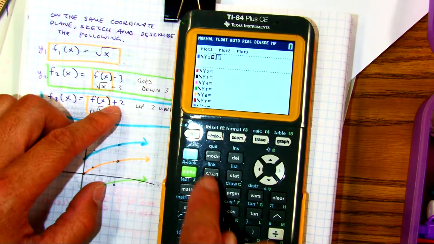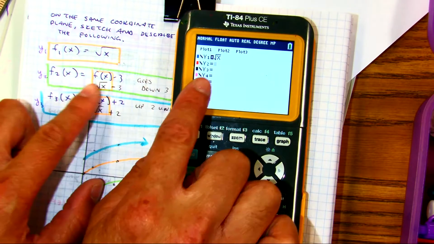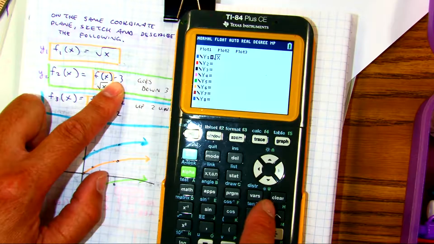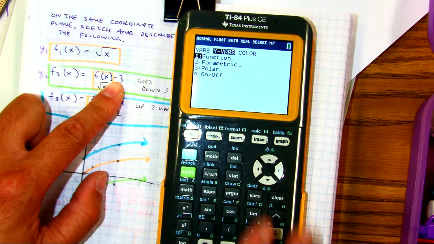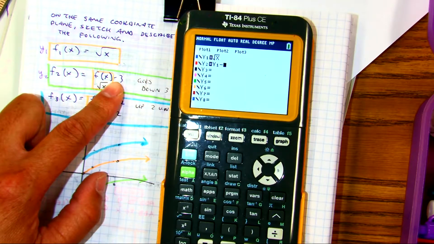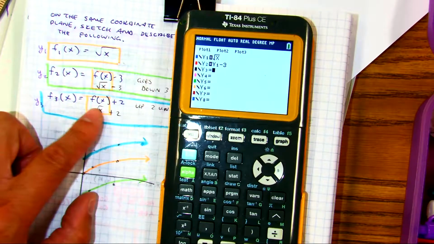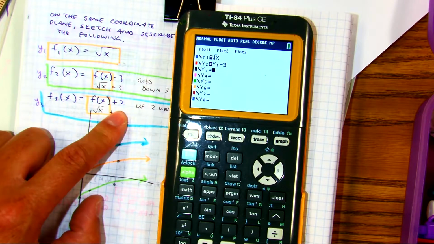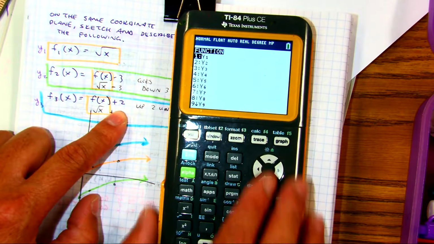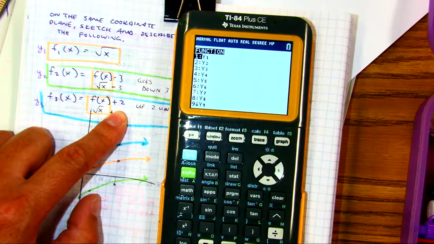Go down to y2. And I want to say y1 minus 3. So I go vars, y vars, function y1 minus 3. And then down here I'm going to do y1 plus 2. So vars, y vars, function y1 plus 2.